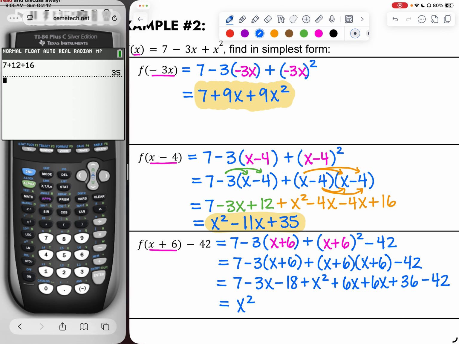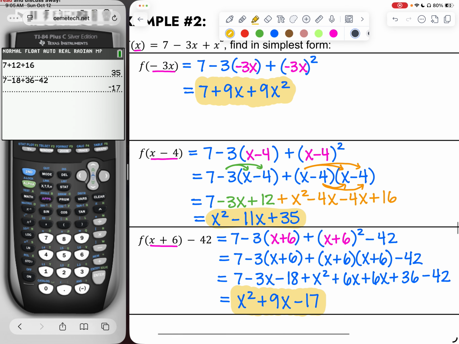We have negative 3x plus 6x, which is a positive 3x, plus 6x, which is 9x. So that's going to be x squared plus 9x. And then we have 7 minus 18 plus 36 minus 42. And that gives us a negative 17. So here we have x squared plus 9x minus 17. That is the simplified form of this.